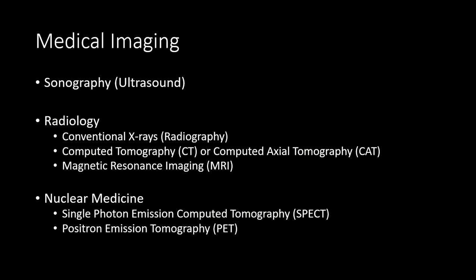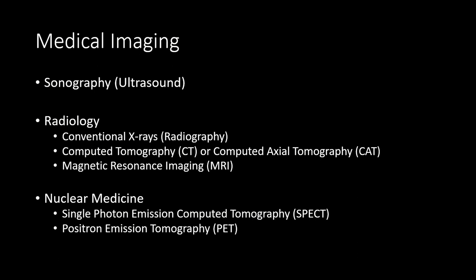As far as medical imaging goes, the most common types include sonography, which is what ultrasound is. There's radiology, which includes conventional X-rays or radiography. It also includes computed tomography, which are CT scans, or what they used to be called, computed axial tomography, which was called CAT scans.